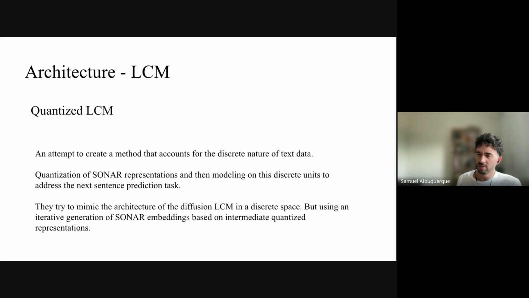So this was an approach to try to account for this. They first quantize the SONAR representations and then model on these discrete units. And they try to do exactly the same architecture as the diffusion model, but instead it is an iterative generation of SONAR embeddings based on intermediate quantizer representations. And this approach doesn't work that well, but it's an attempt to solve this discrete-continuous problem.